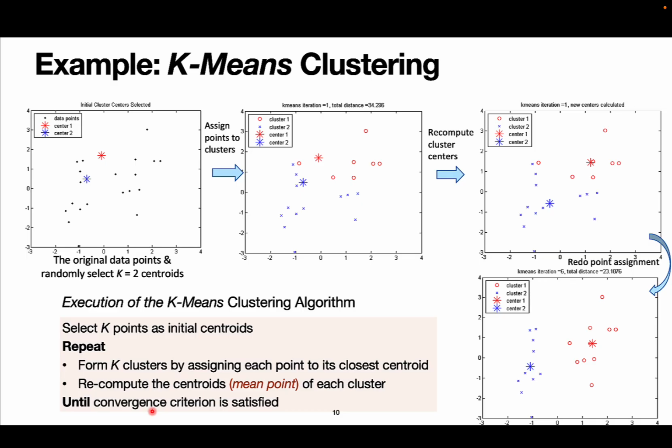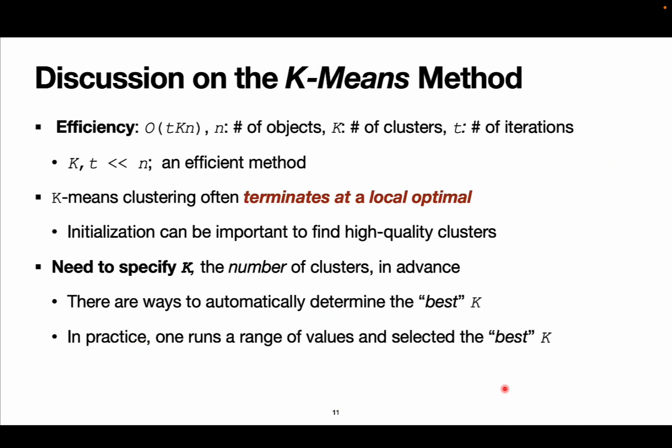One more comment about the convergence criterion here. Some implementations like to limit the number of iterations. So in addition to the stability of the cluster, an additional condition can be added to limit the number of iterations. Now let's take a look at some of the practical points about the k-means method.